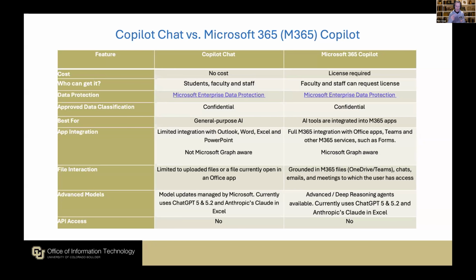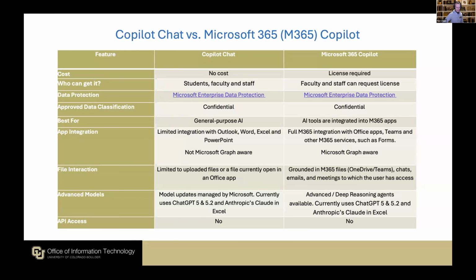We already talked about the data protection, so this is a link. Casey will be able to share this slide deck, and this is a link to Microsoft's data protection agreement that highlights what they'll do with our data and what their agreements are. Both are approved for the confidential data classification.